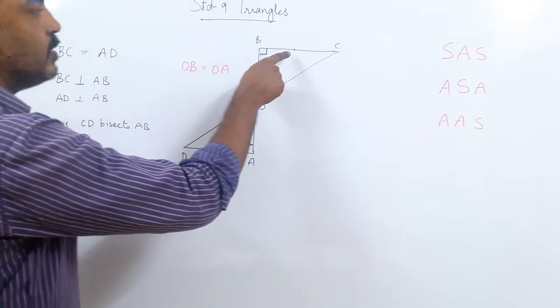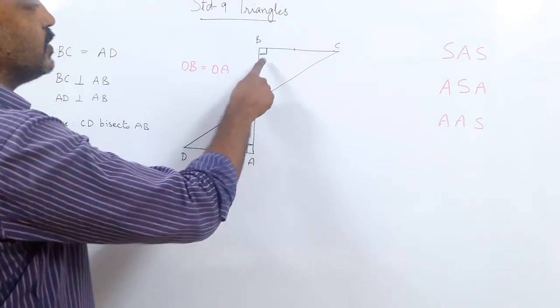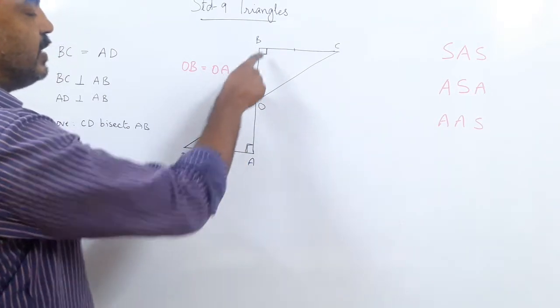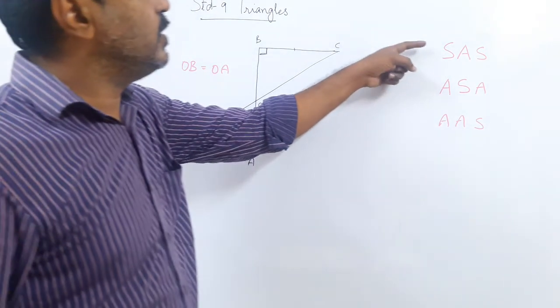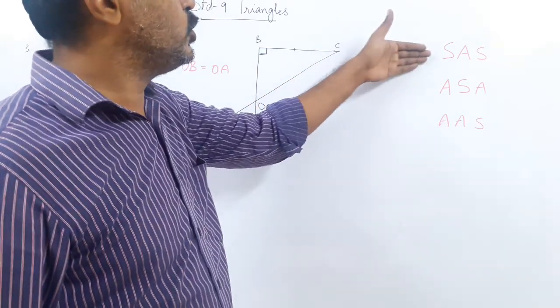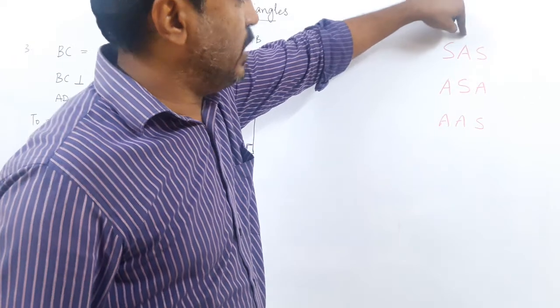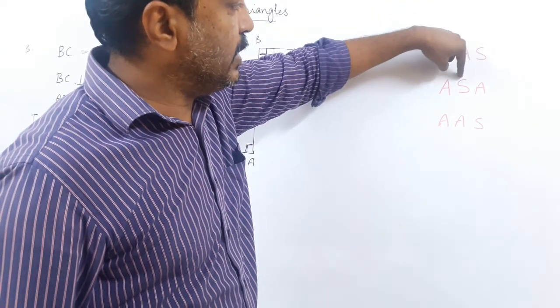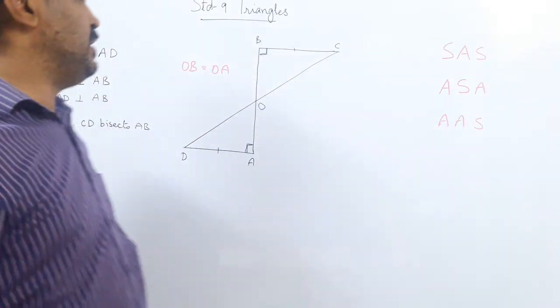We are given this side and this side is equal. That is given. This angle and this angle is 90. It is given. Two things are given. The third thing is not mentioned. And what have you seen here? To prove two triangles are congruent, we have to show that a minimum of three things are equal. Two sides and one angle, or two angles and the included side, or two angles and the third side. We have to show these three are equal.